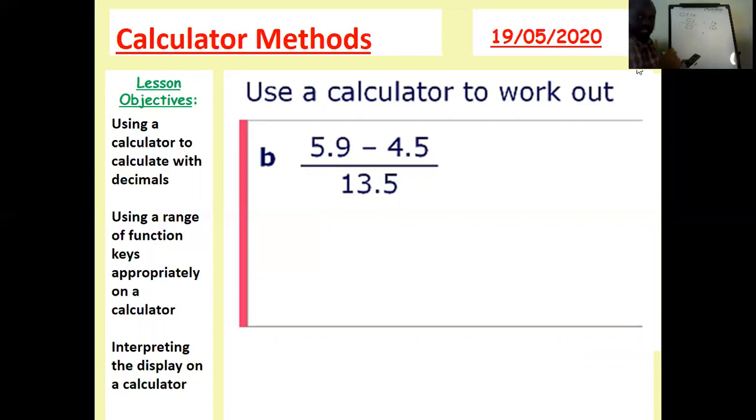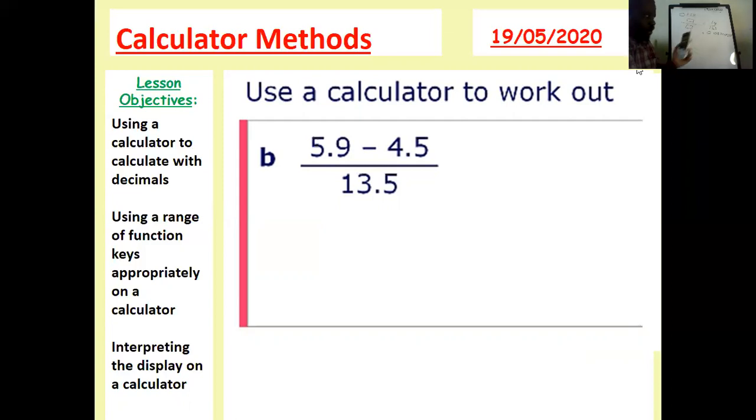Now, to change that number into a decimal, you press the SD button and you get a long answer, 0.103703703... Now, sometimes in the exam, they may ask you to write the full calculator display.